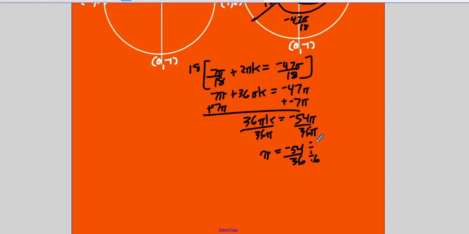I divide 6 into both of those, this would be negative 9 over 6, and then dividing 3 into both, this would be negative 3 over 2. So they are not coterminal.